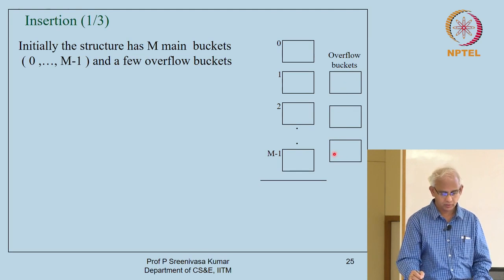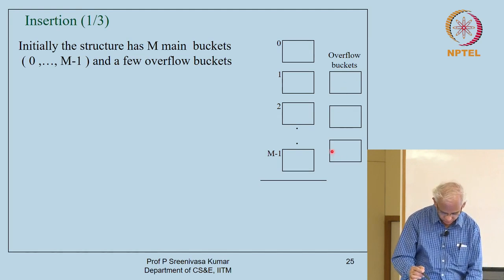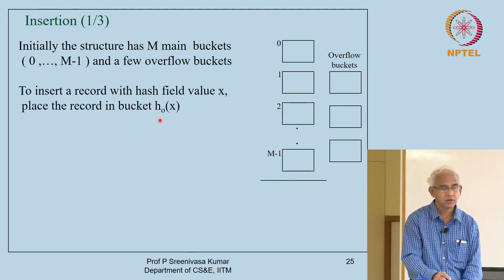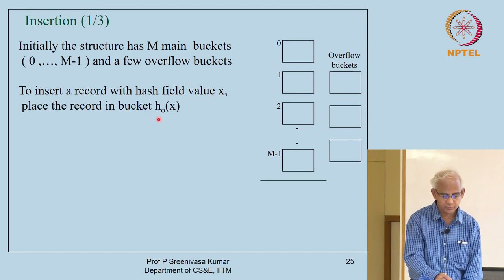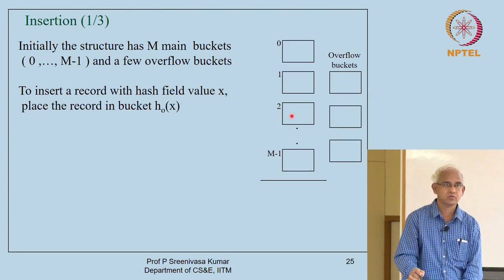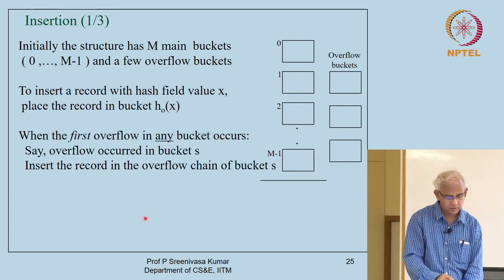Now, to insert a record with hash field value x, we will compute H0 of x. So, we will get a bucket number, go there and insert it, that is all, simple. In case there is no space there, go and insert the record into the overflow chain, that is simple.